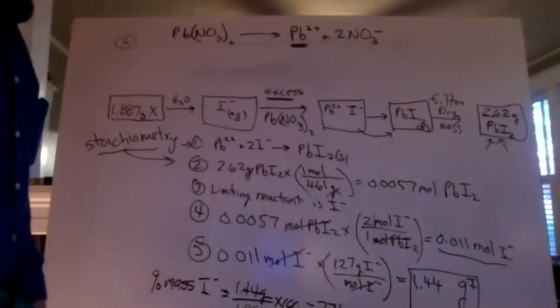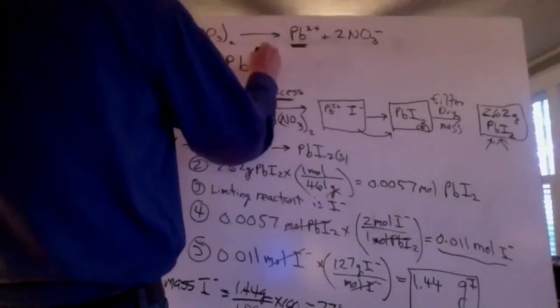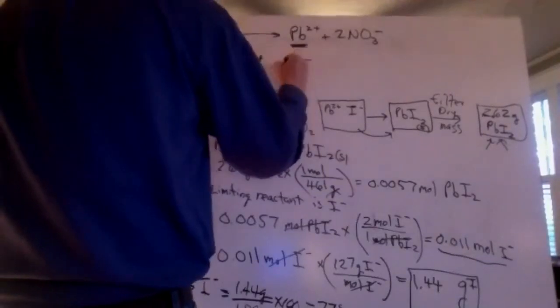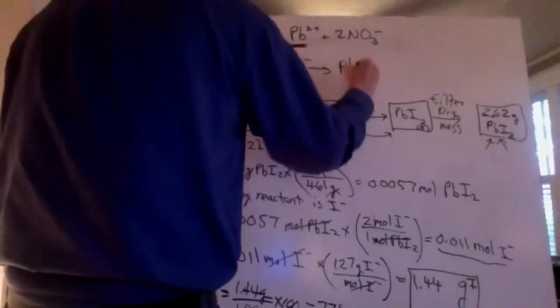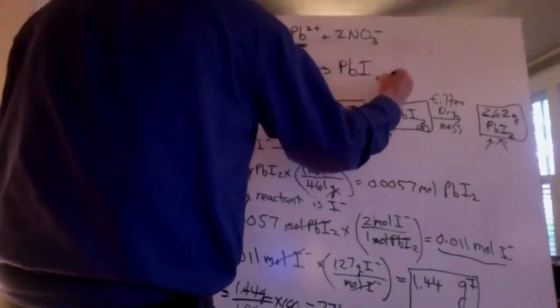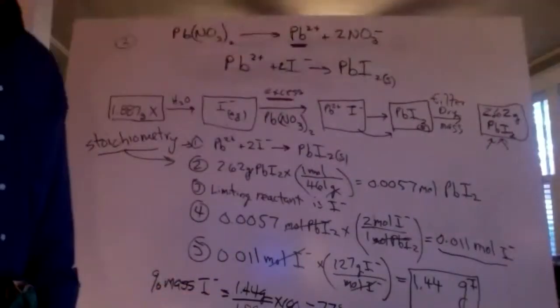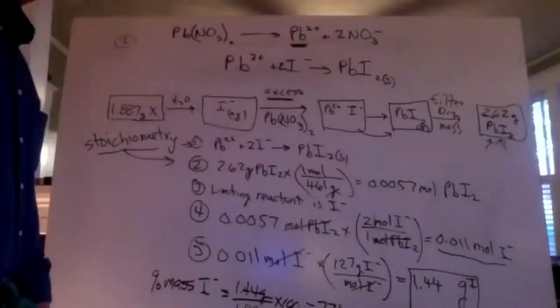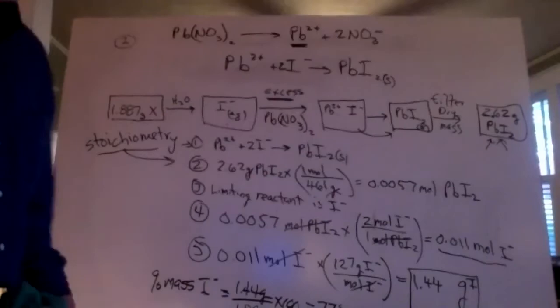You look at that table and you'll find that lead and iodide ion will precipitate out. They're insoluble together, right? So that's where it came from. Okay, thank you.